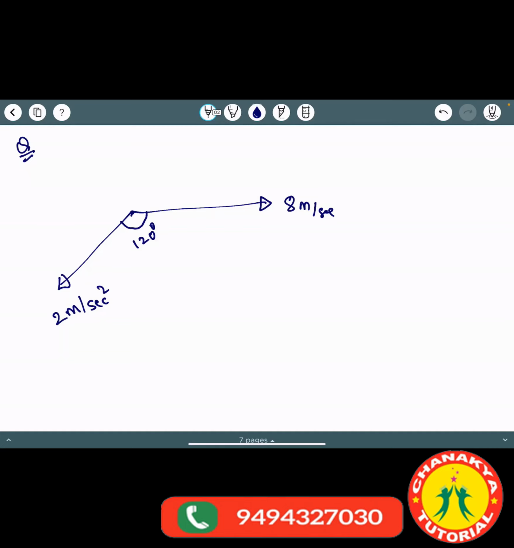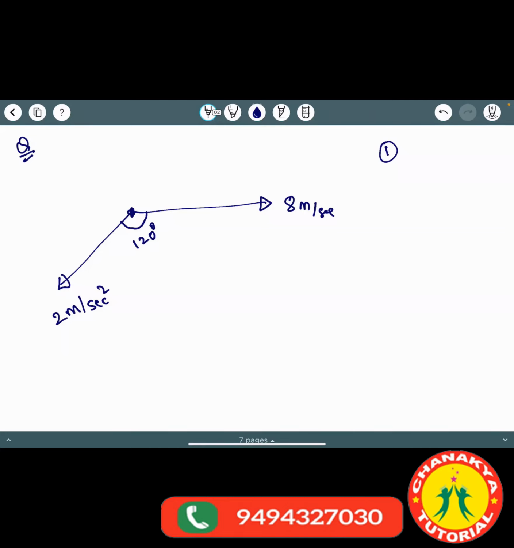This is the situation. Now, the first question is the instant of time when the speed of the particle is 8 meters per second again. At this instant the particle is moving with 8 meters per second.